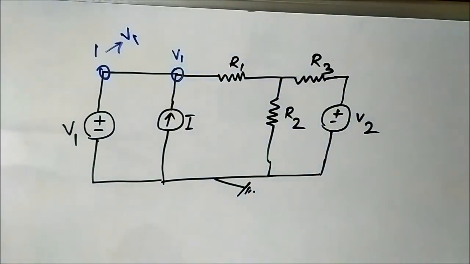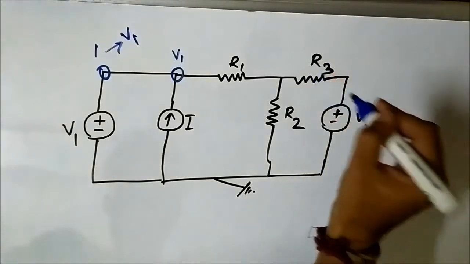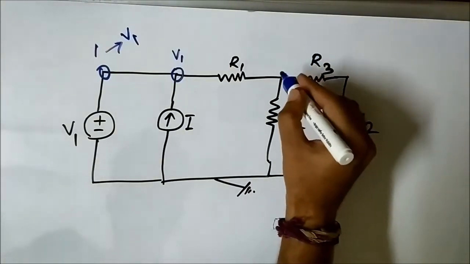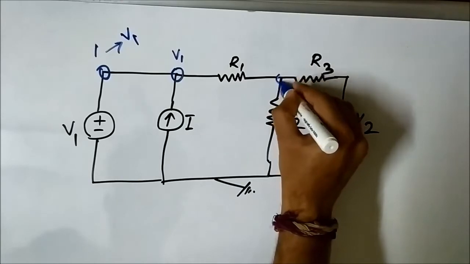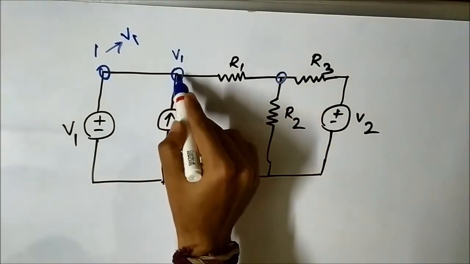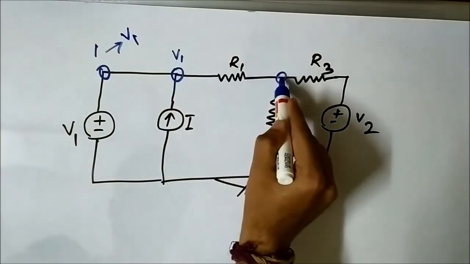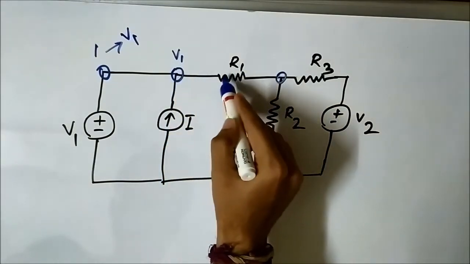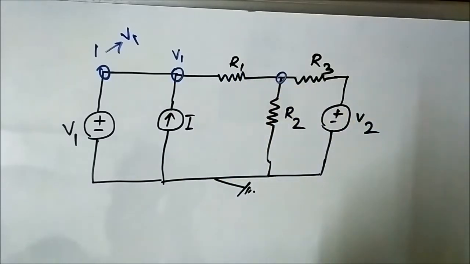Now, if we have to determine the voltage here, in between voltage V1 and this point, there is a resistor R1 present.